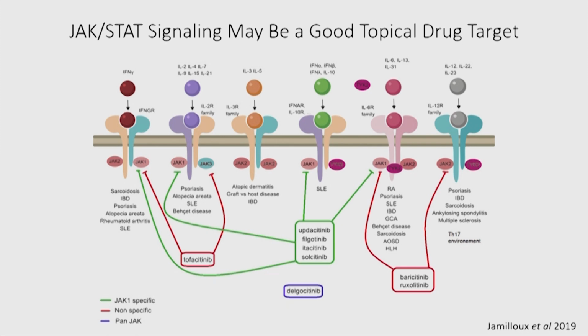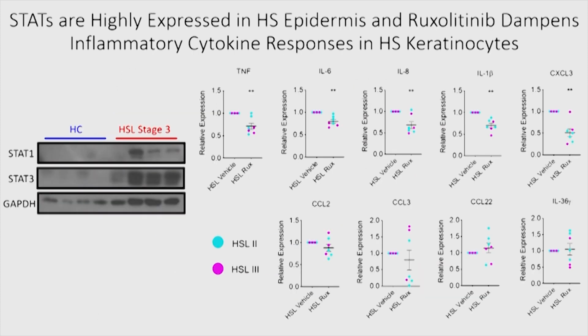So we already know that it can be effective for other dermatological conditions, and some early trials of oral Ruxolitinib have shown success in HS patients, but they do come with side effects. So potentially a topical could be a better option in light of the side effects of a systemic therapy like that.